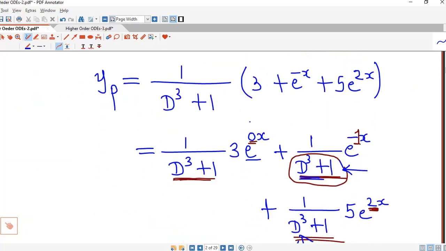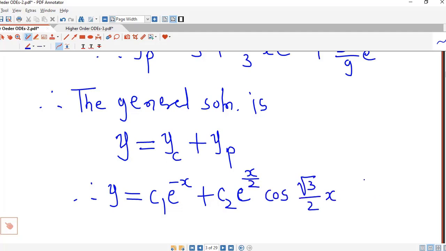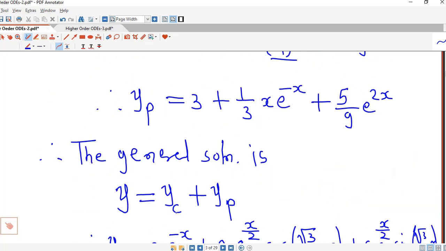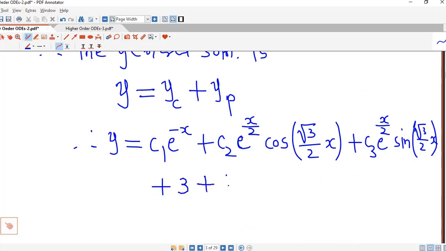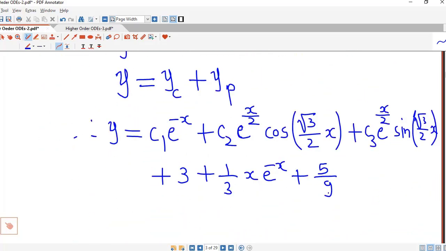The complementary function is c1 e raised to minus x plus c2 e raised to x by 2 cosine of root 3 by 2 x, plus c3 e raised to x by 2 sine of root 3 by 2 into x. This we write in the bracket. This is the complementary function, and the particular integral is 3 plus 1 by 3 x times e raised to minus x plus 5 by 9 e raised to 2x.